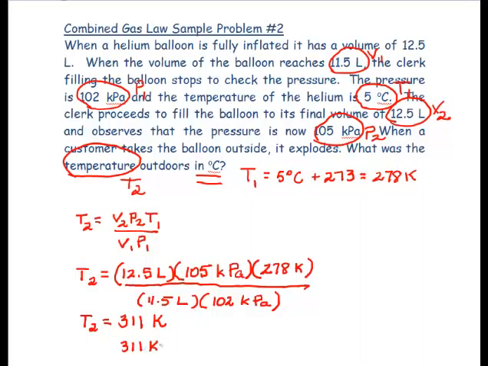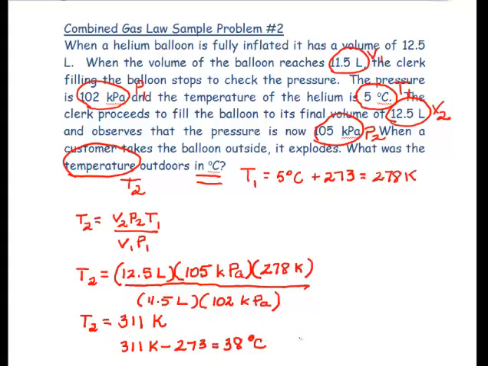We're going to subtract 273 from it, and that's going to give us a Celsius temperature of 38 degrees. And just so you know, human body temperature is about 37 degrees Celsius, so this is right around 100 degrees Fahrenheit. So it's a rather warm day when this balloon ruptures under these circumstances.